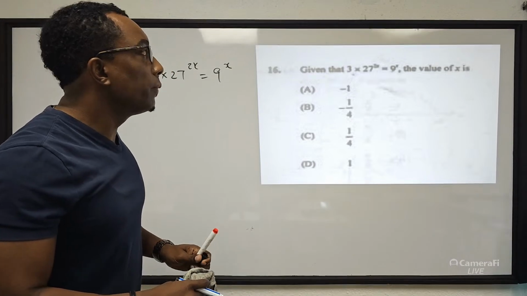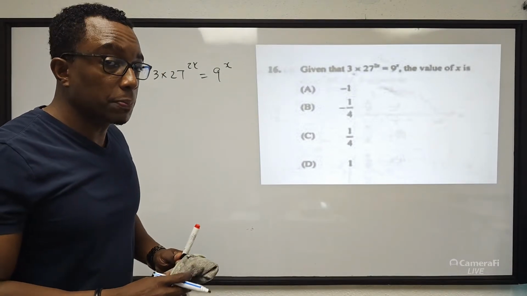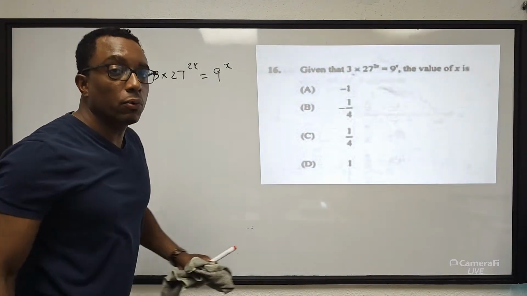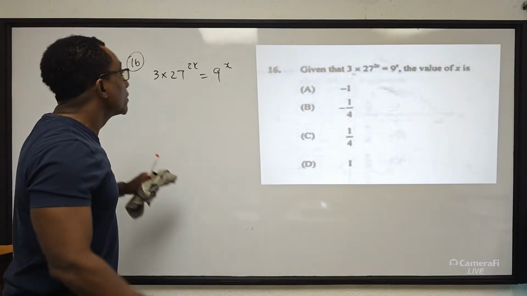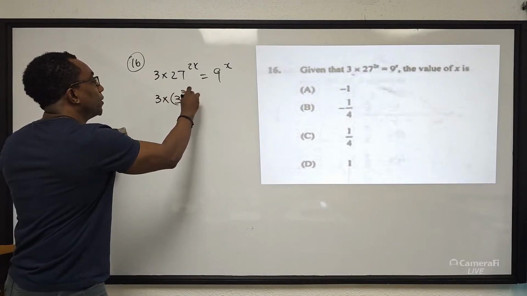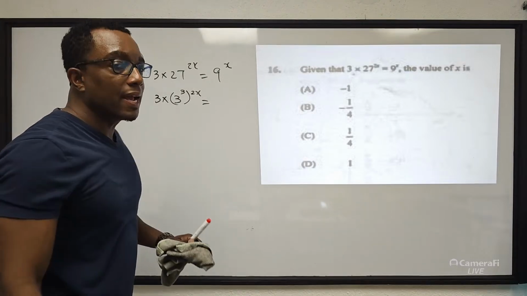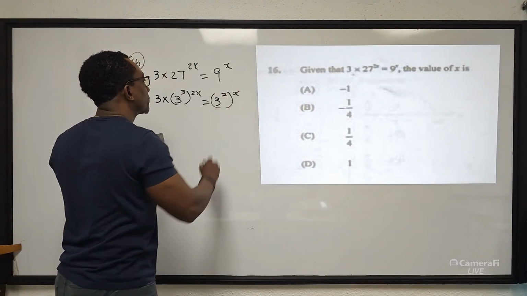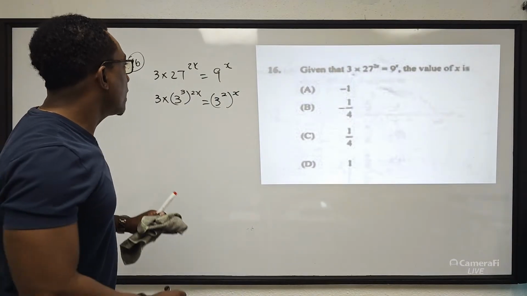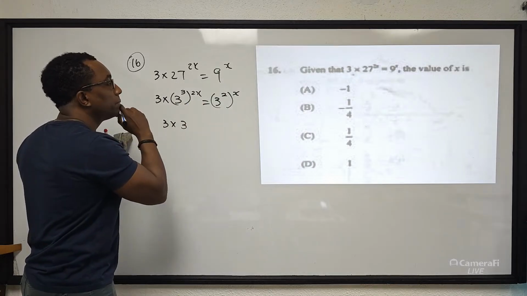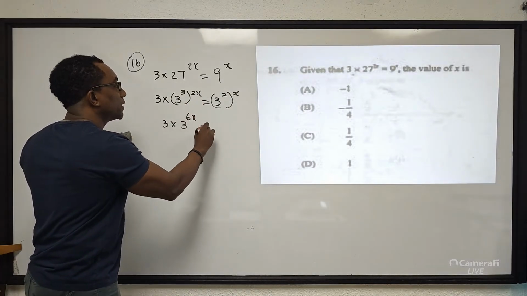So we want to solve for x, and that is an equation in exponential form. So again, what we want to do is first make sure we get all terms to a base of 3. So this becomes 3 multiplied by 27, which is 3 cubed, all to the power of 2x. 9 is the same as 3 squared, all to the power of x. So this becomes 3 times 3 to the power of 3 times 2x, which is 6x, equal to 3 to the power of 2x.